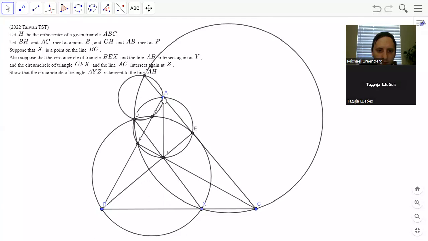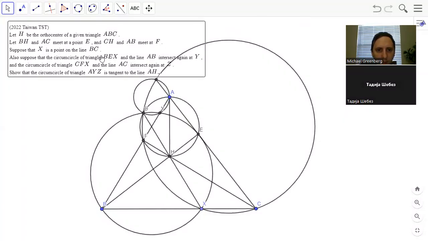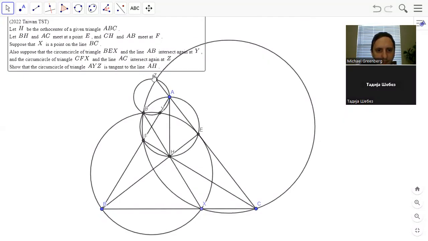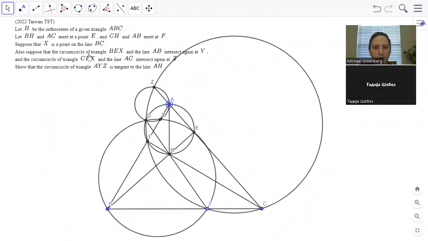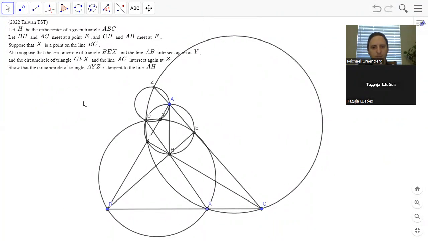Okay. Let's make a little bit of room here. So yeah, ABC almost looks isosceles, but it's not. So I think that looks a little better. So yeah, do we have like a Miquel point?